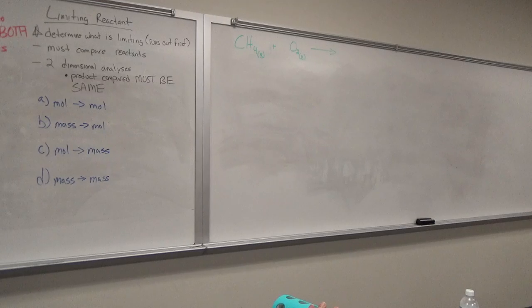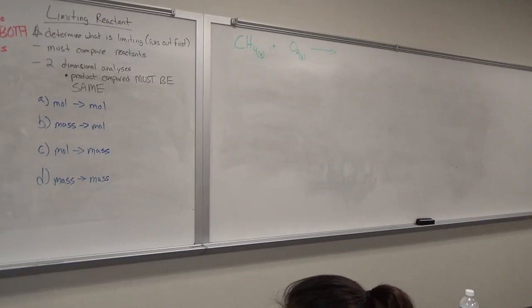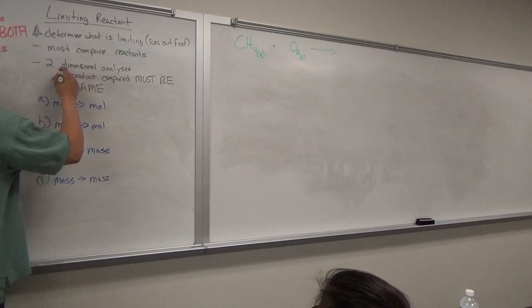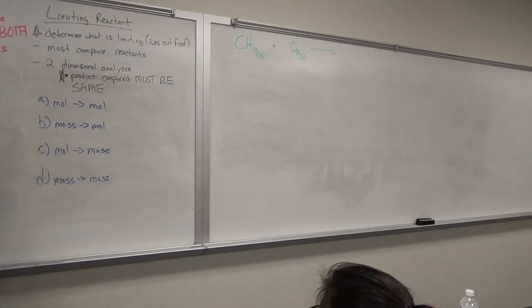But we have to be able to compare those reactants stoichiometrically, which means that we have to form two dimensional analyses to do this. And this is a very important point here, that the product that you are using to compare the two reactants must be the same product if there are multiple products. And we'll show what that means here.